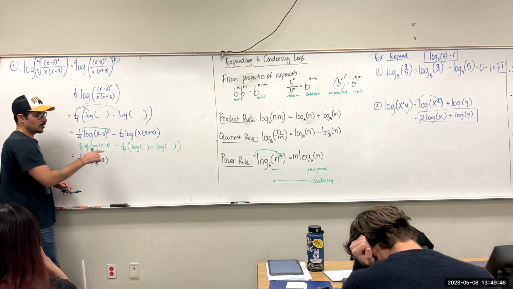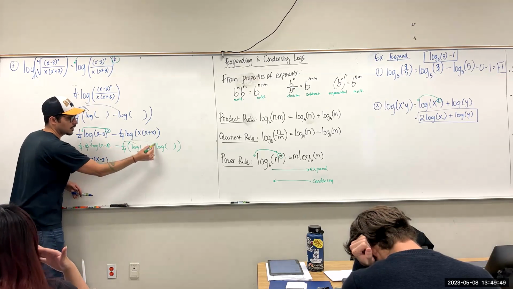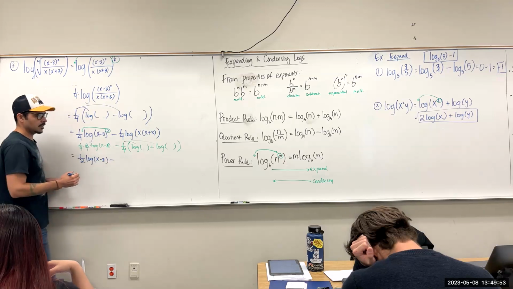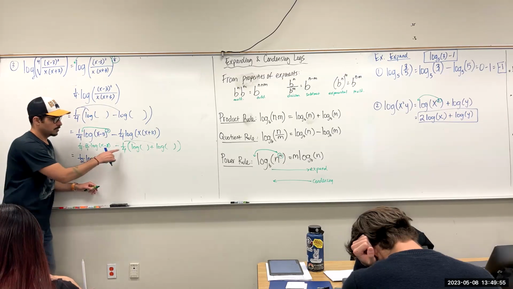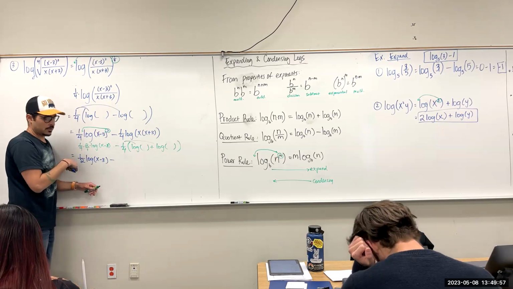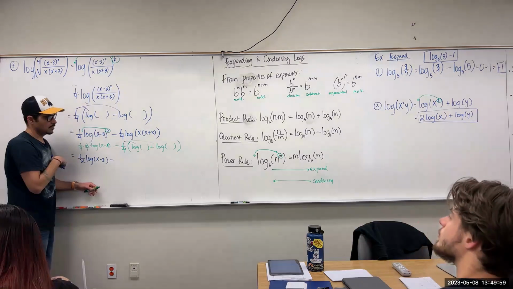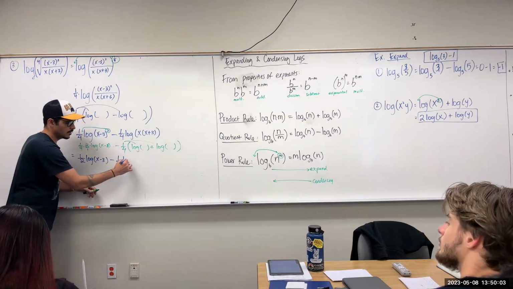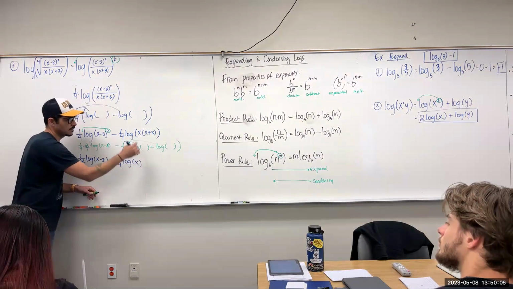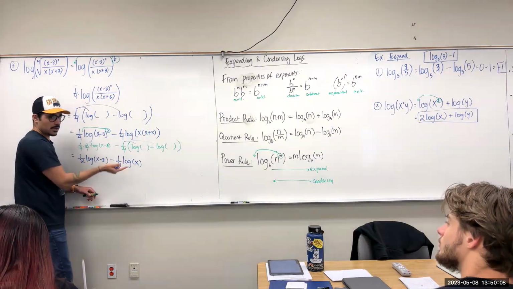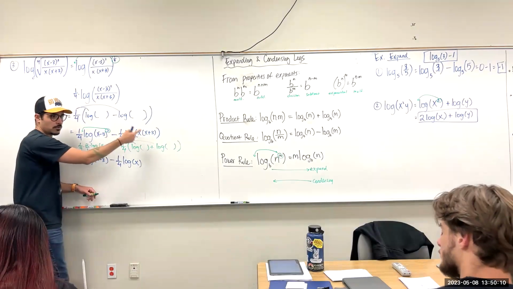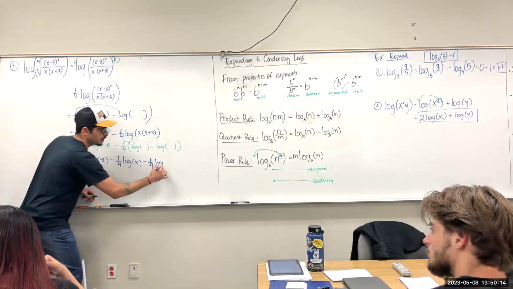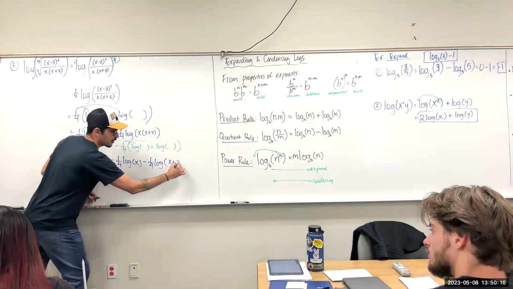So that 1/4 will end up distributing, and the negative comes with it, because it's negative. So this is going to become negative 1/4 log of x, plus, but because that negative 1/4 follows it, minus 1/4 log of x plus 3.